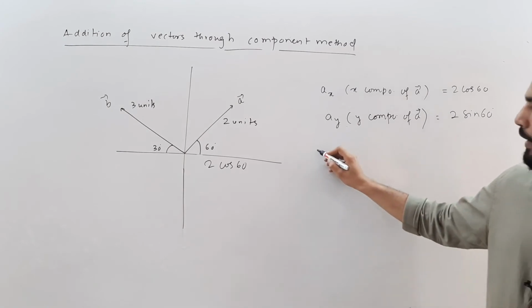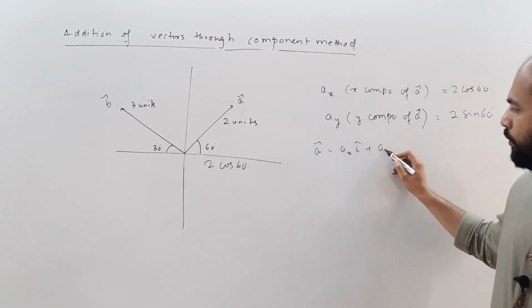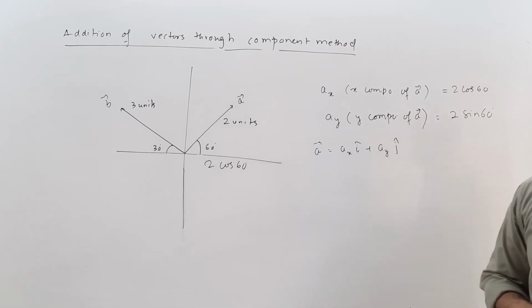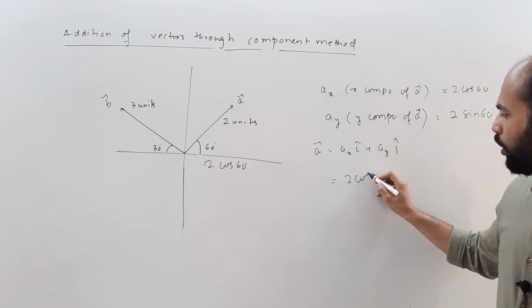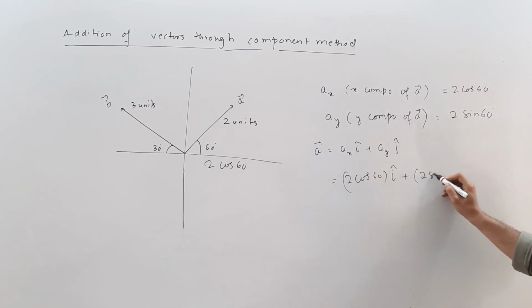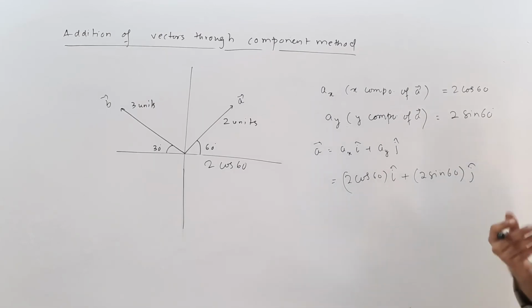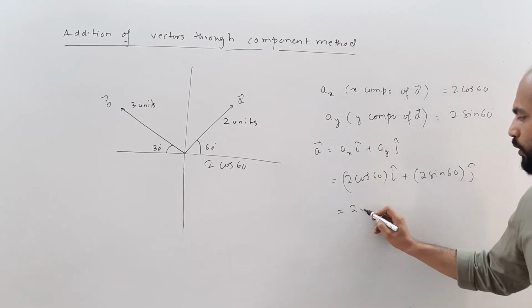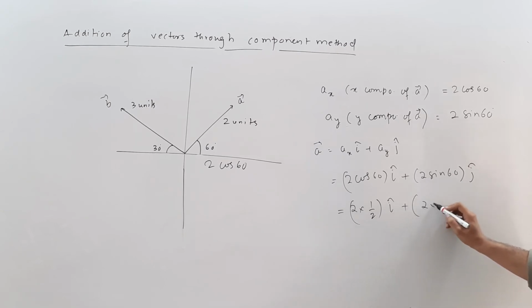So in all, I can write this a bar now as ax i cap plus ay j cap, which means that this vector can be written as 2 cos 60 i cap plus 2 sin 60 j cap, because that is how we define the basic vector. So 2 cos 60 is going to be 2 into half i cap plus this is going to be 2 into root 3 by 2 j cap.